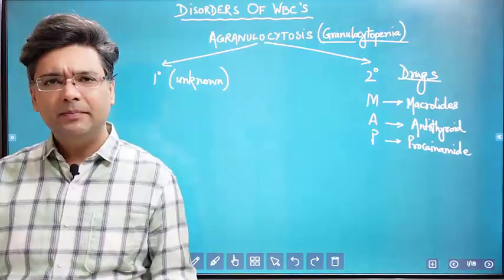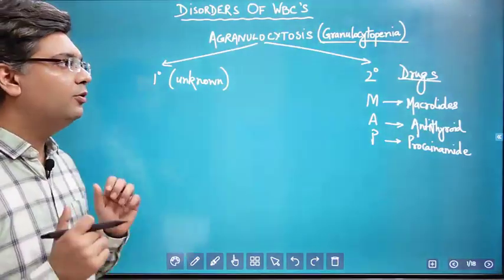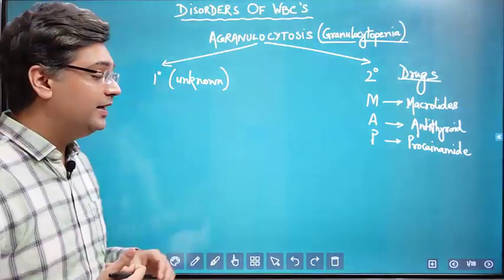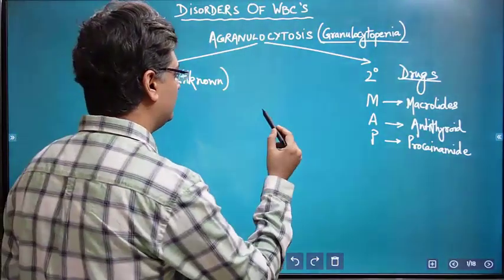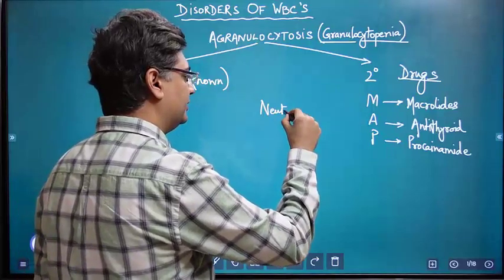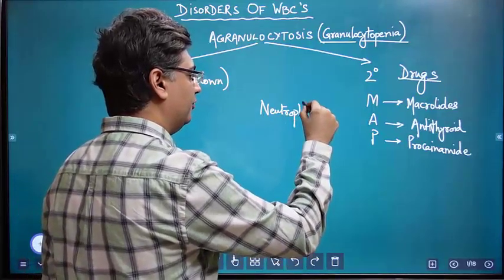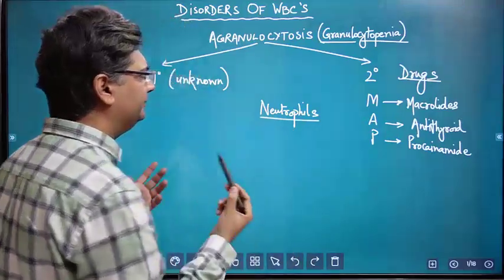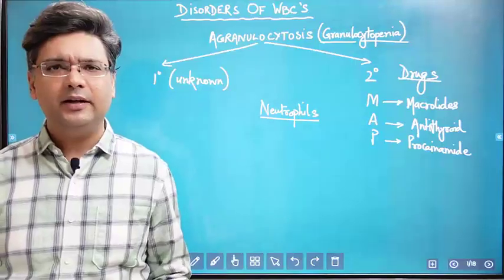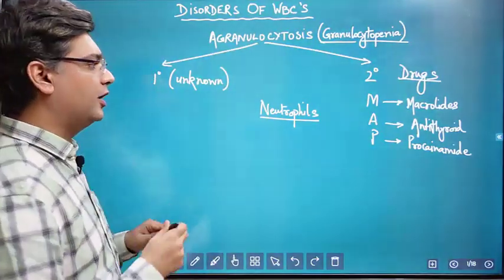And sometimes what happens is, out of the granulocytes, which we obviously know are the neutrophils, the eosinophils and the basophils, the neutrophils specifically govern the overall count of the granulocytes, and sometimes the count of neutrophils goes down.